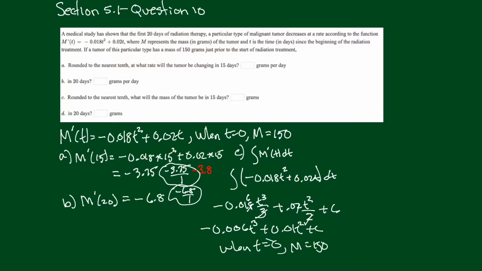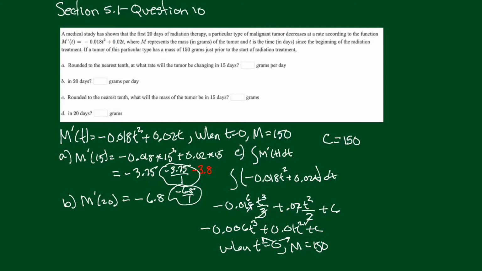So I'm going to put that 0 here and here. And this one's nice, it just pops right out, because if you put in 0 here, anything times 0 is 0. This whole term goes to 0, and we're looking at c equals 150.